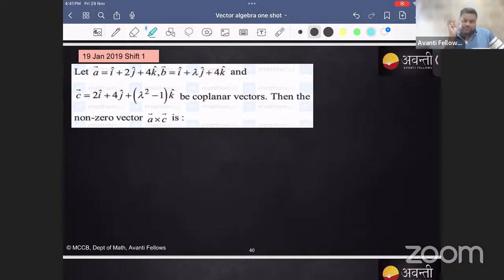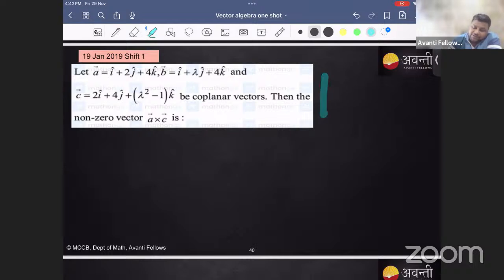Yes, how to do? So if these three vectors are coplanar, that means the volume of the parallelepiped formed by them is going to be 0. Yes or no?